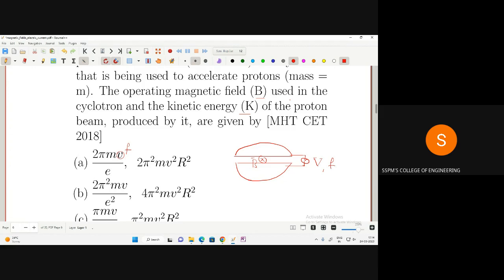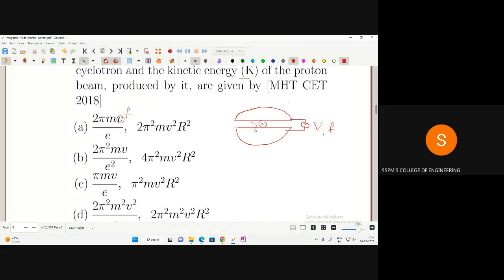The magnetic field can be determined with the help of the magnetic force and the centripetal force. You know the magnetic force is equal to the centripetal force, and the time taken for one revolution of the charge is 2 pi r divided by v, where r is the radius of the D. The magnetic force is q into v into B, and the centripetal force is m v square divided by r.